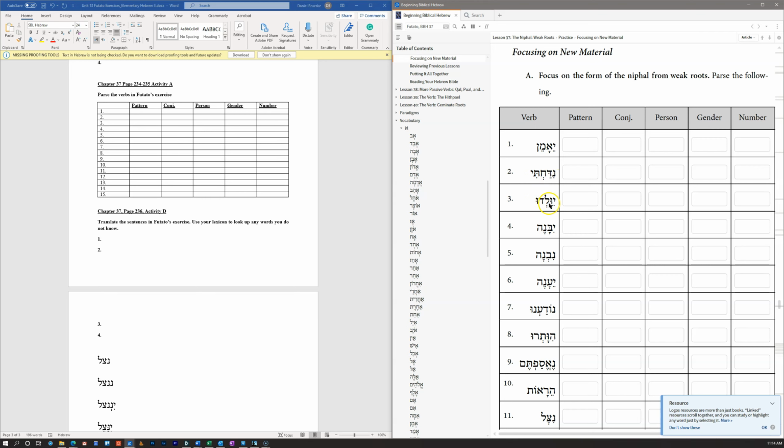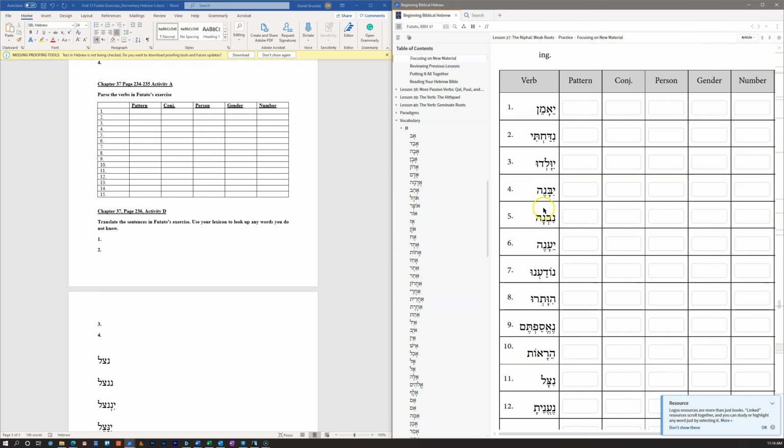Number 3 with Yalad. So Yalad is to bear or to beget. So this would be they were begotten, or rather they will be begotten with the imperfect. Number 4, Bana is he built, so Yibaneh is going to be he will or it will be built.